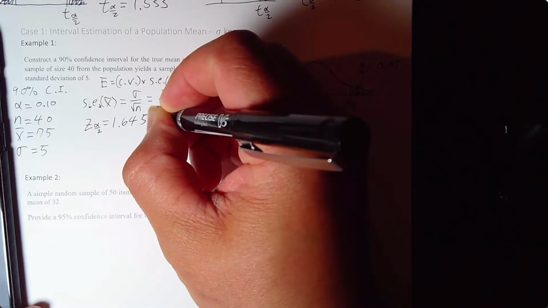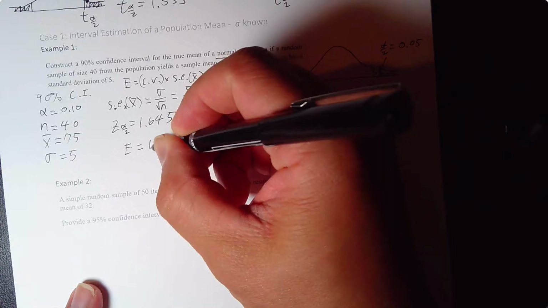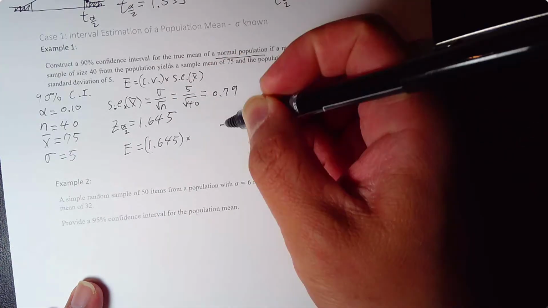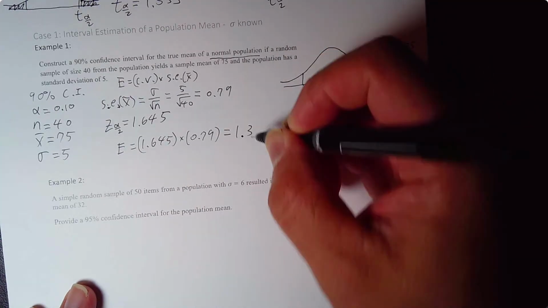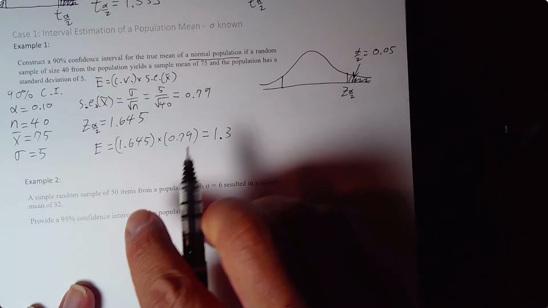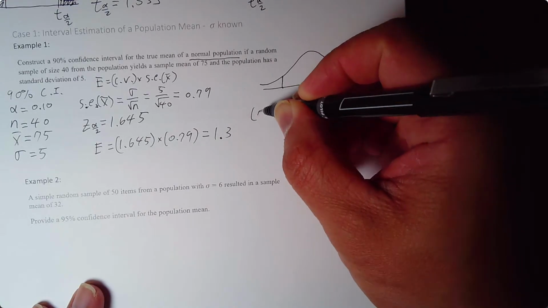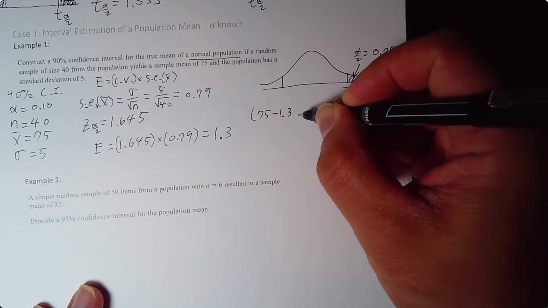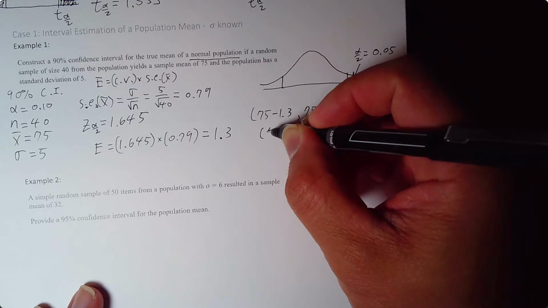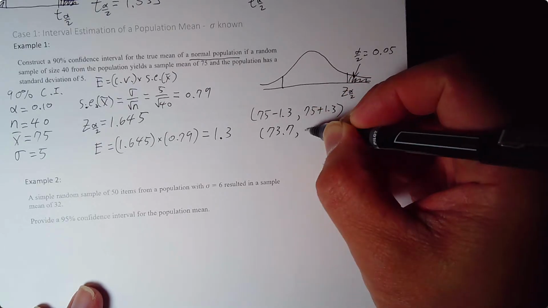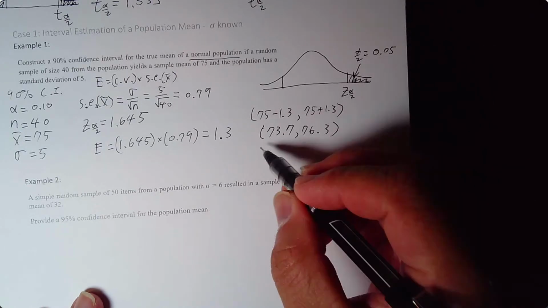So my margin of error is going to be 1.645 times 0.79, which equals 1.3. Now the interval I can construct would be x bar, so 75 minus 1.3, comma 75 plus 1.3, which simplifies to (73.7, 76.3).